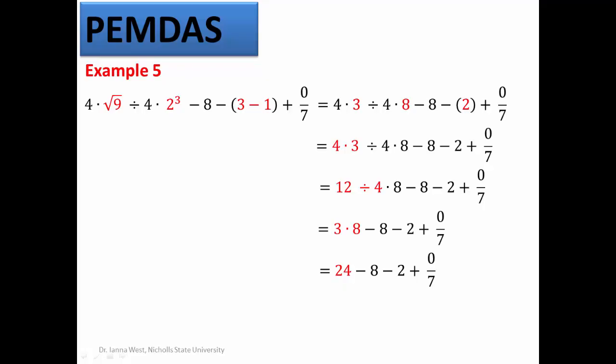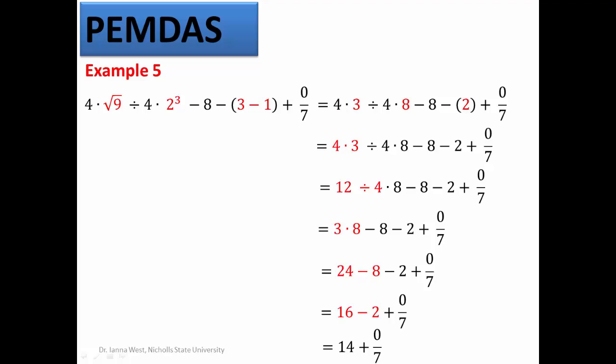Notice the only operations that are left are subtraction and addition, and those must be performed from left to right. So we will first subtract 8 from 24, giving us 16. Then we will subtract 2 from 16, giving us 14.